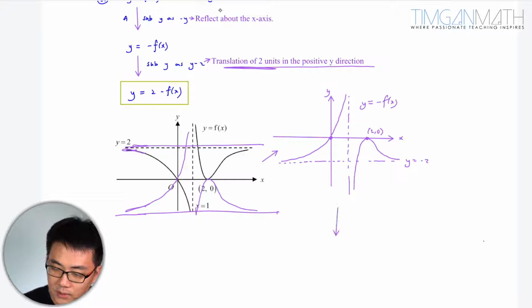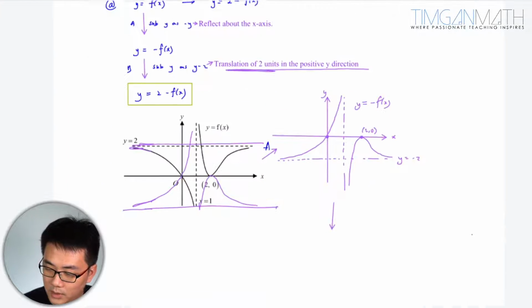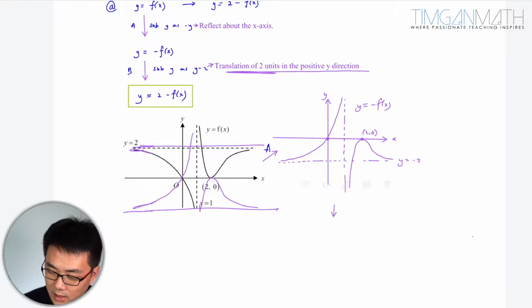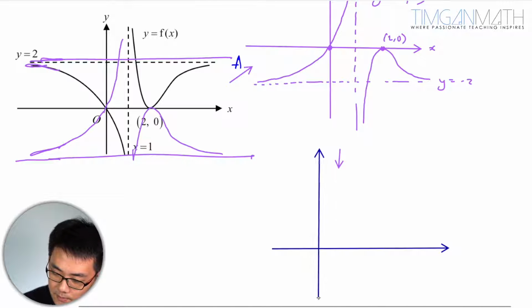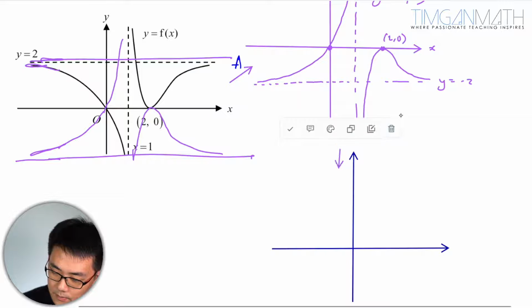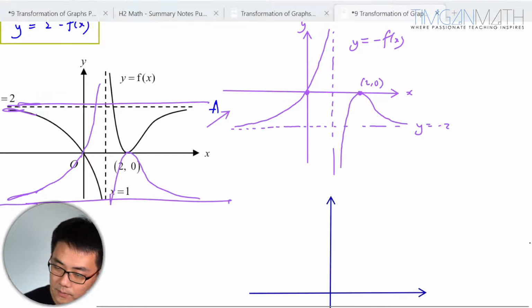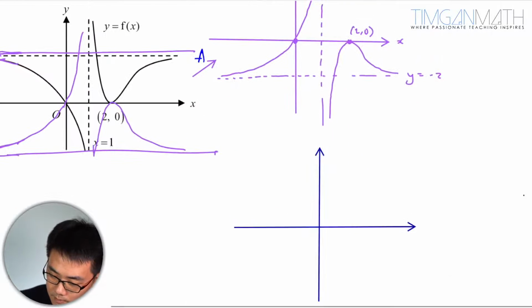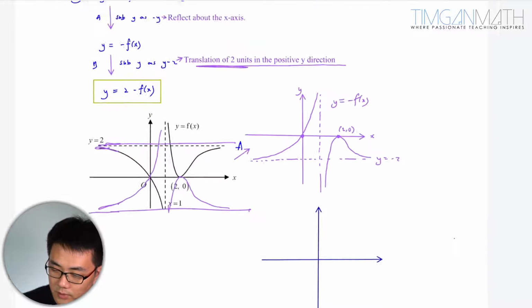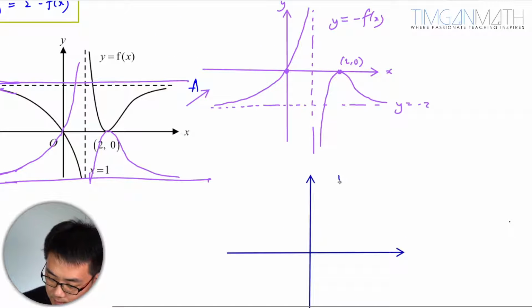Then the last step will be step B. Then you move up by 2 units. Should be fine. So this will be your answer. You move up, then it will be this horizontal asymptote.